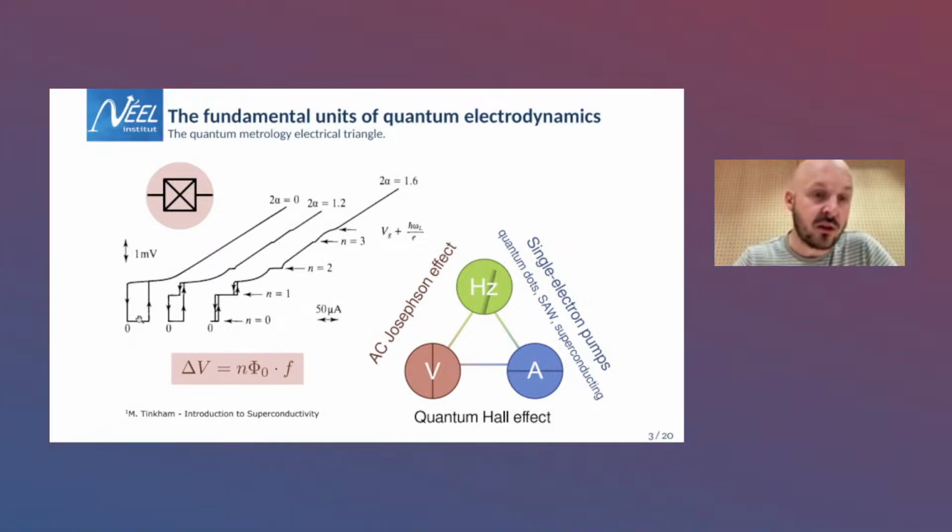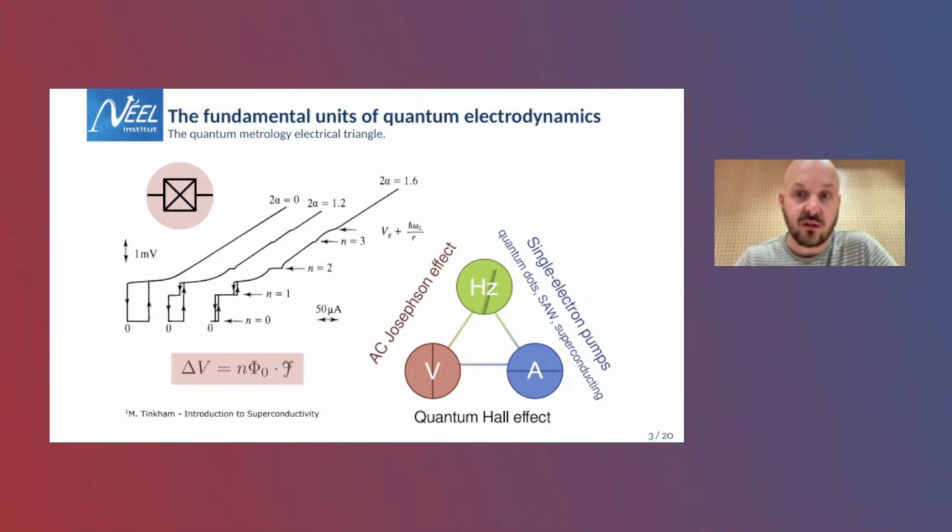This is the IV curve, I mean the VI curve, I should say, without any microwave. Whenever you add some microwave, you see some steps appearing. What is remarkable is that these steps are quantized, and these voltage steps are exactly equal to an integer number times the flux quantum times the frequency.